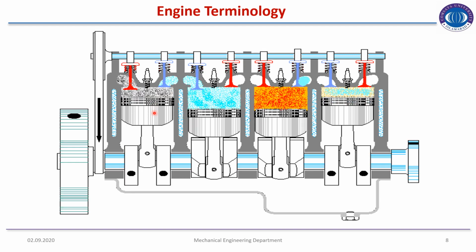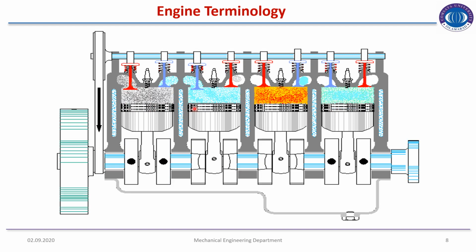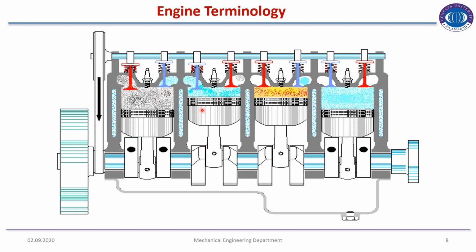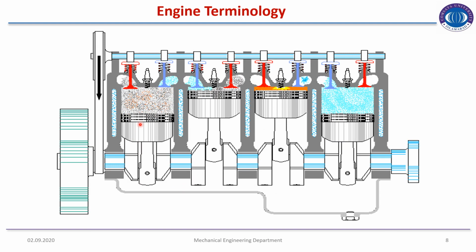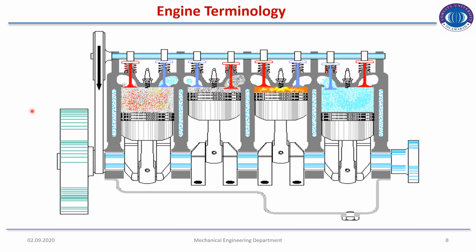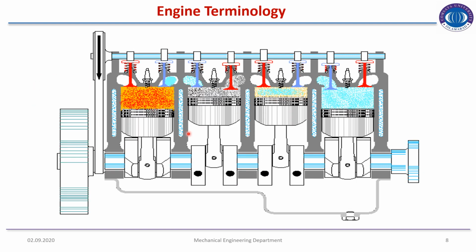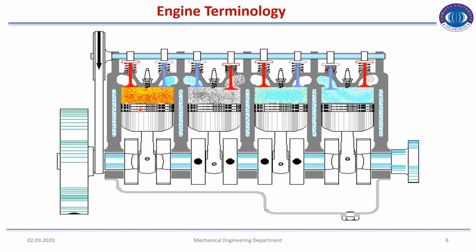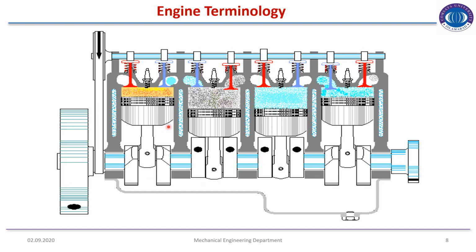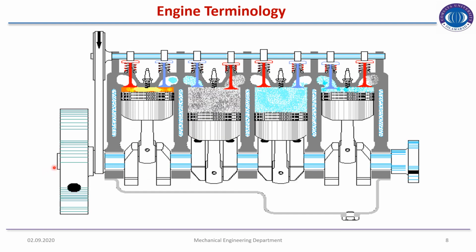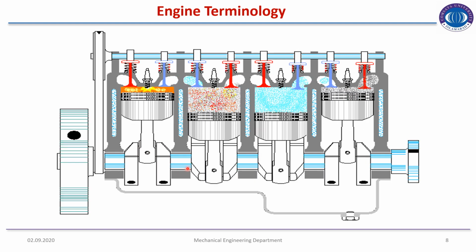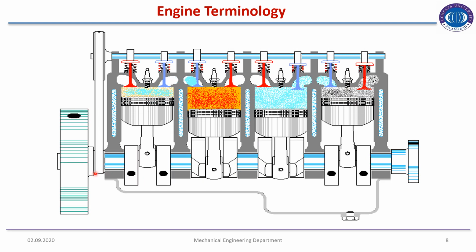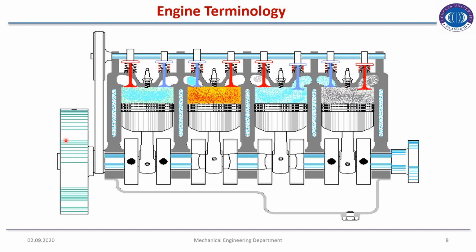So in every stroke, one of the cylinders is producing a power stroke. A single engine will be producing one out of four. But when we are talking about four, in every instant, one of these four is producing a power stroke, and these pistons are connected to this crankshaft, and this crankshaft is connected to this flywheel.